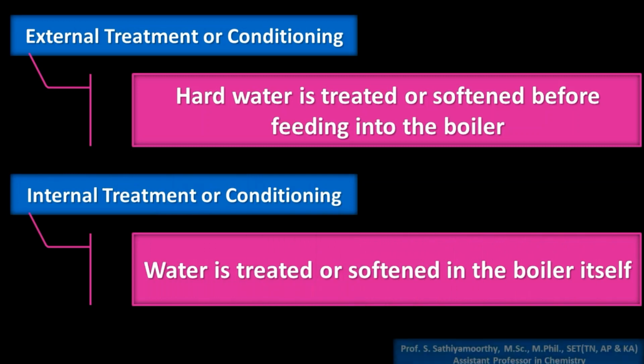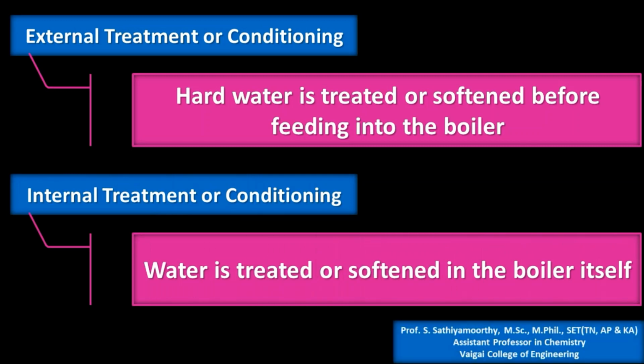Then comes our internal treatment or internal conditioning. Here the water is treated or softened in the boiler itself. Why are we treating the boiler water in the boiler itself? Because in external treatment, in some cases some of the hardness producing salts are not removed completely. So in those cases, to remove the leftover hardness producing salts, we treat that water in the boiler.